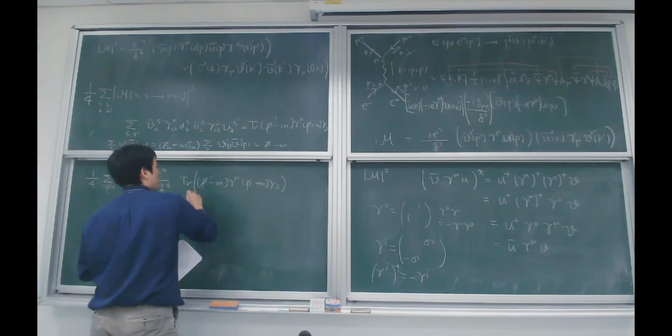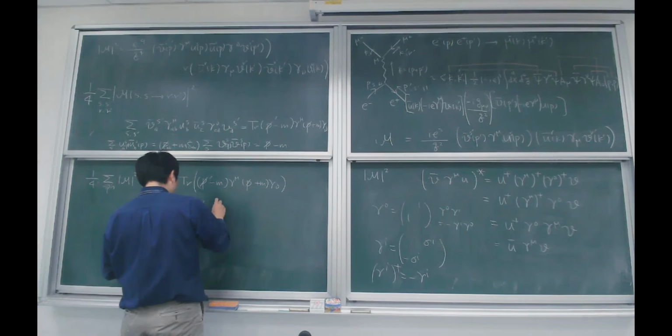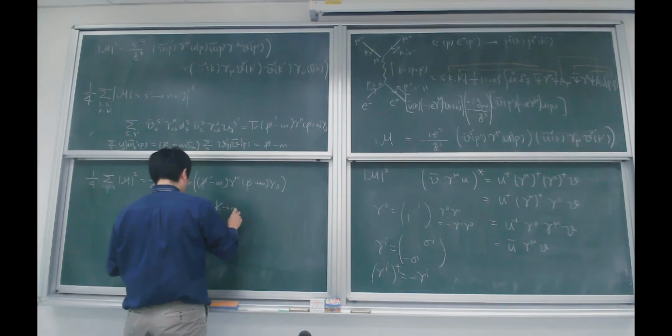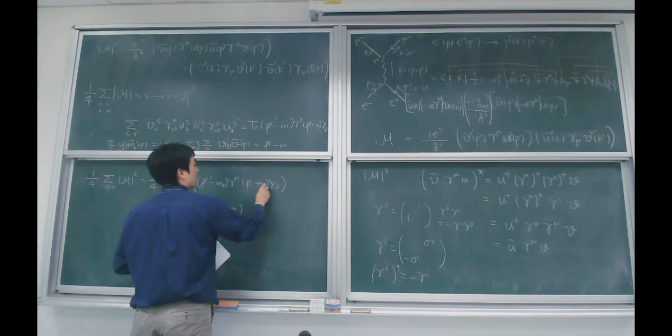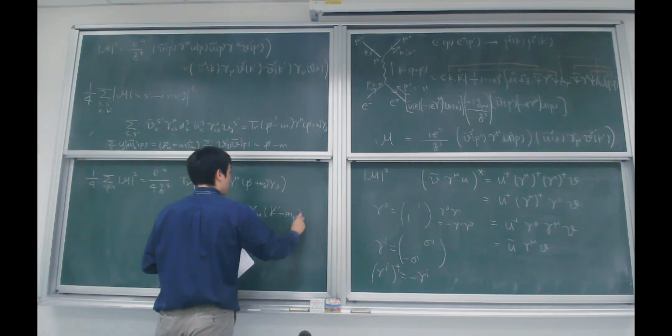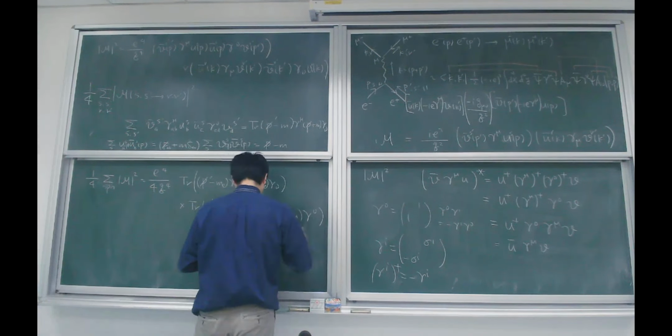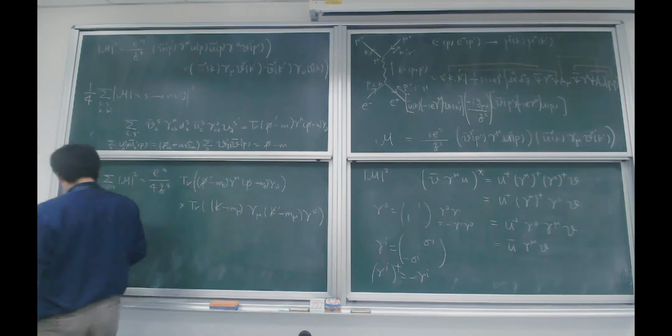That's one thing, and times the trace of k slash plus m, gamma mu, and so on. Sorry, this is e, and this is mu.